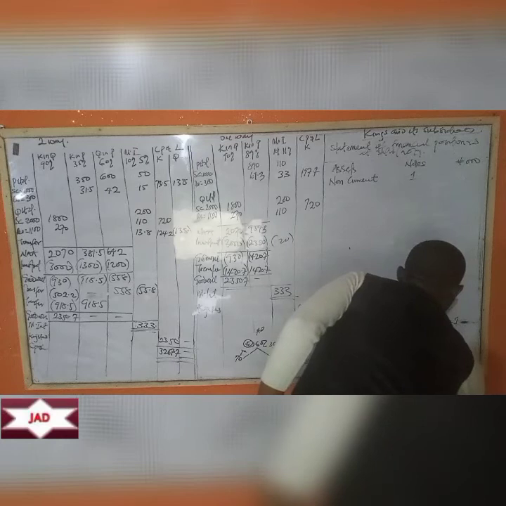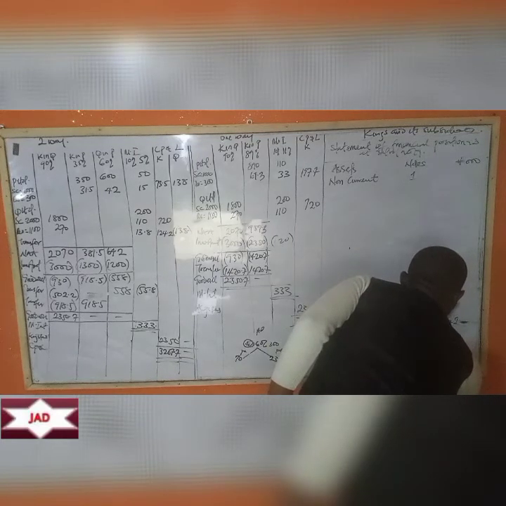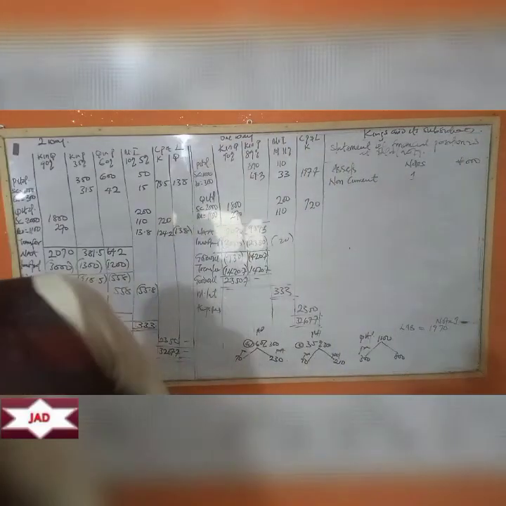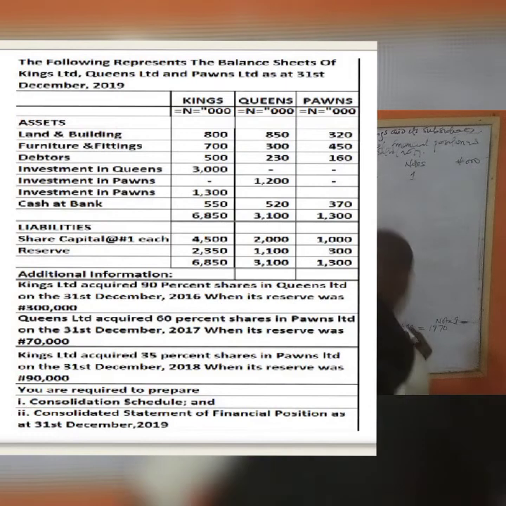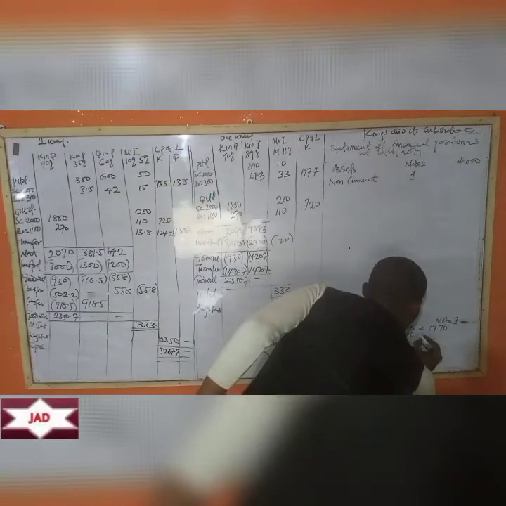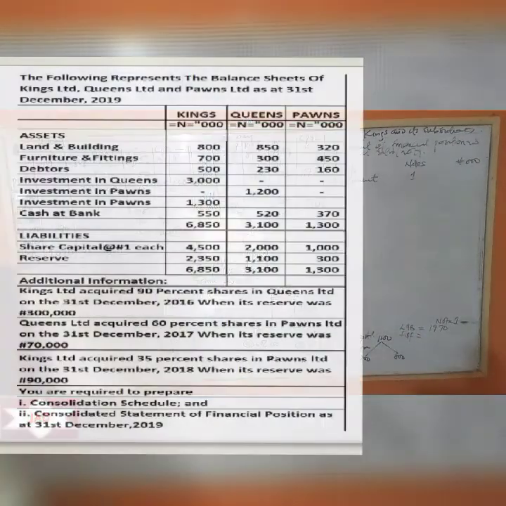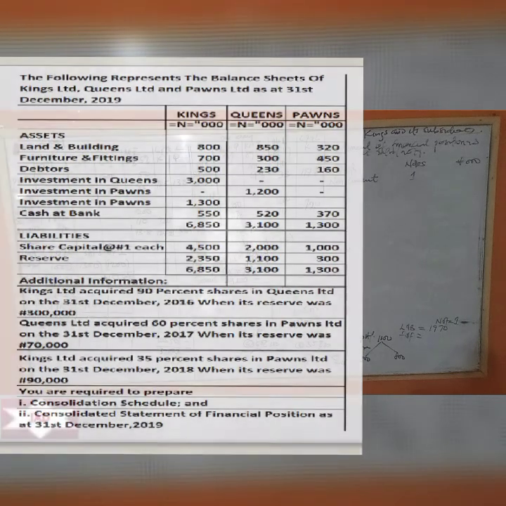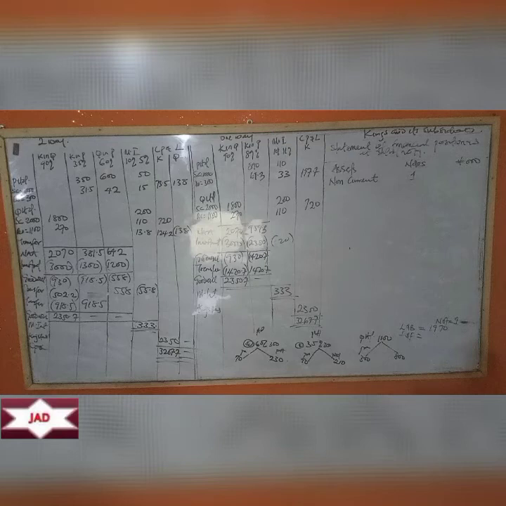We have 1970. Next one there is furniture and fittings. So when you add up everything you have, 700, 300 plus 450, that's 1,450.